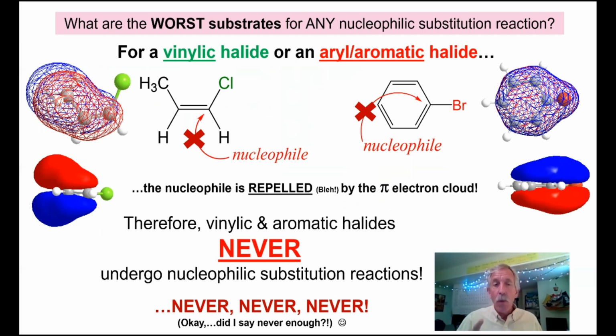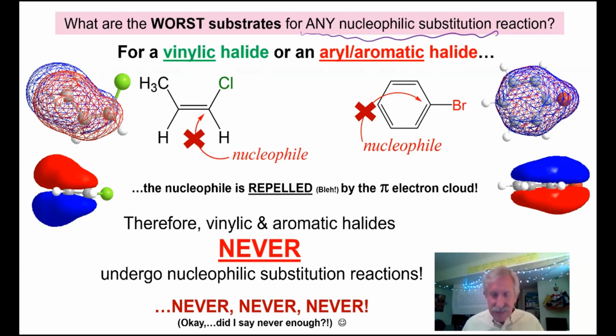So what will I never put a leaving group on? What will I never have do backside attack in terms of a nucleophilic substitution? And I'm even taking out the SN2. I mean any nucleophilic substitution reaction, now with an electrophilic carbon. What would I never want to put a leaving group on?